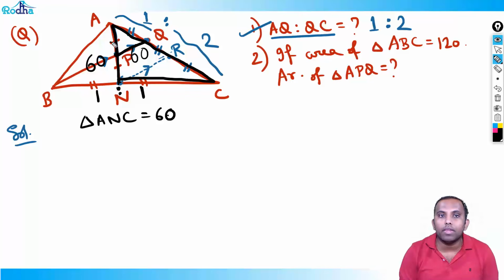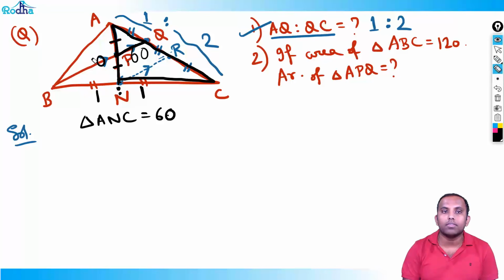So I can just see the diagram here. This P is the midpoint, so this ratio is 1:1, right? And this ratio is 1:2.